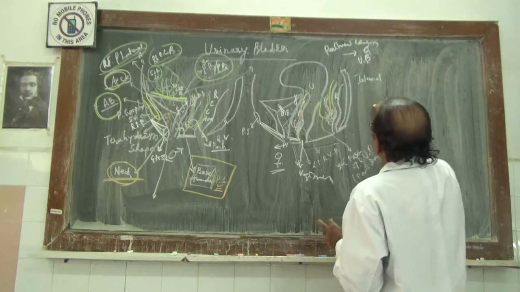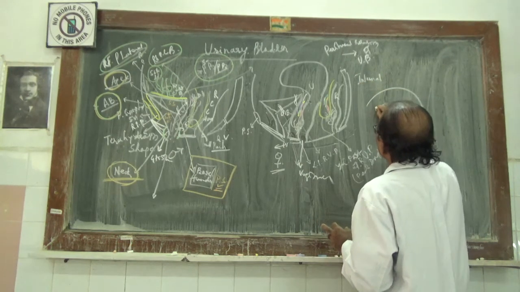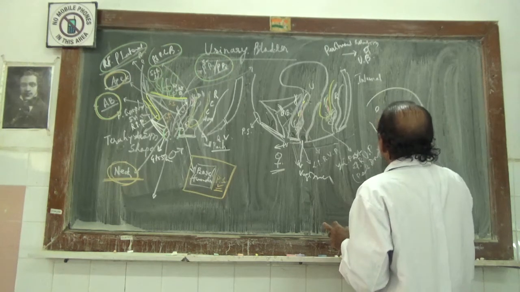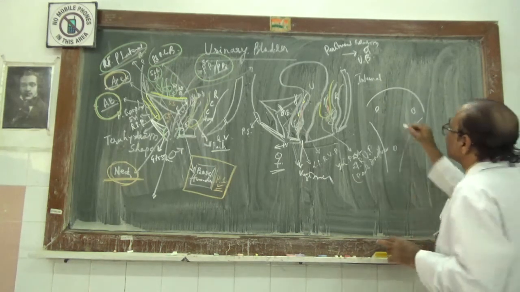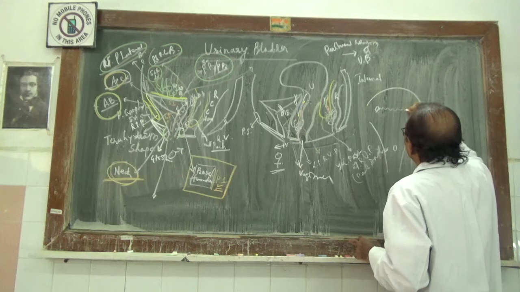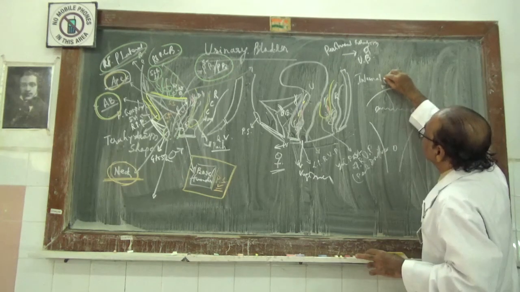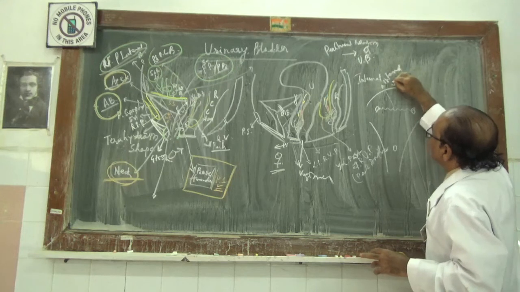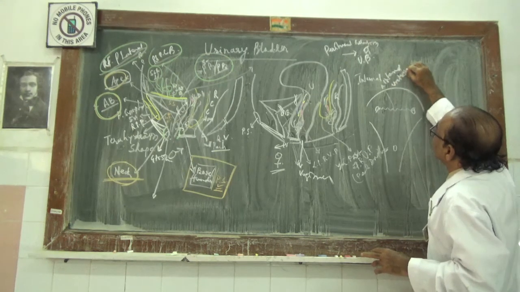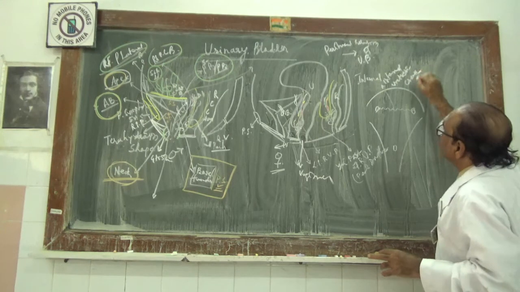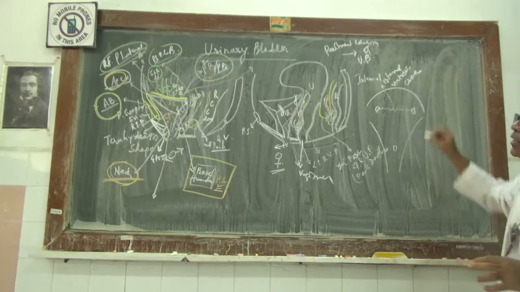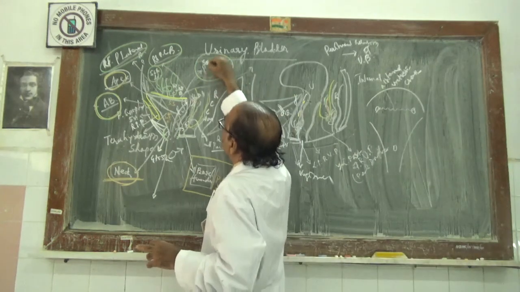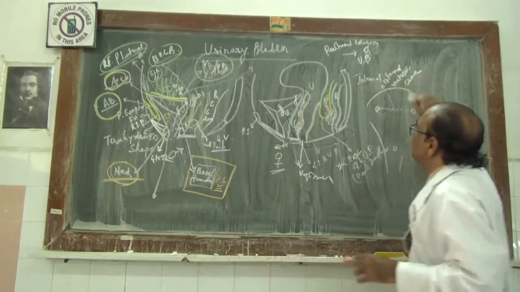Now the internal of the urinary bladder will be like this. On either side, you have got the ureteric orifice. Now this is what is said to be the interureteric crest, which is a connection from one ureteric orifice to the other ureteric orifice, which externally is related to the posterosuperior border or posterior border of the urinary bladder.